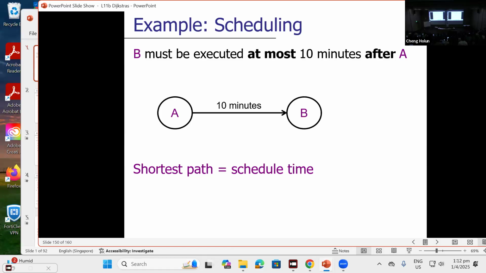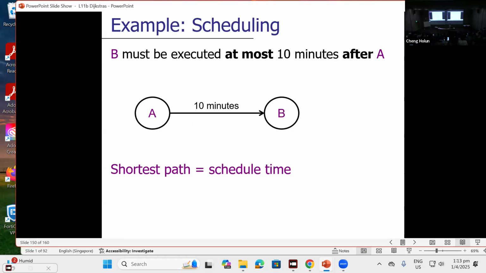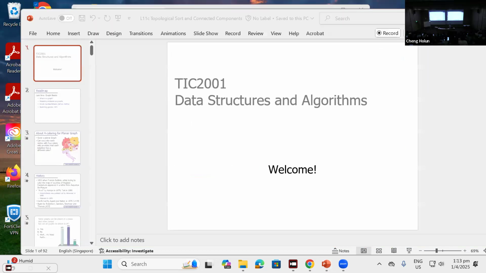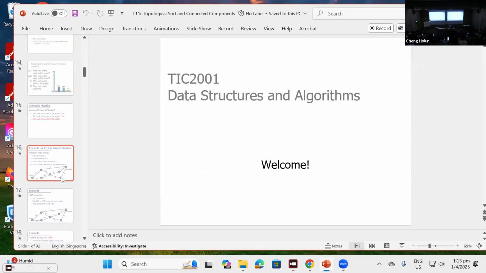Topological sort is about, if you have some sequence, what should be taken after which one, and how do you align the sequences? I will talk about that. But this one is an even better problem: even if you know the sequence, how do you optimize? I will come back to this. So let's spend 15 minutes talking about topological sort. Okay, we switch to the topological sort slide.